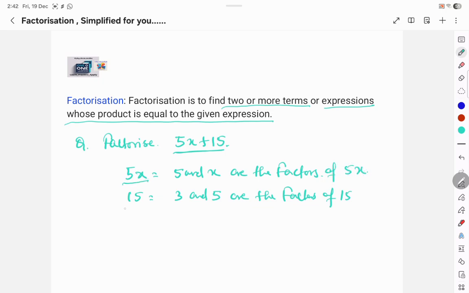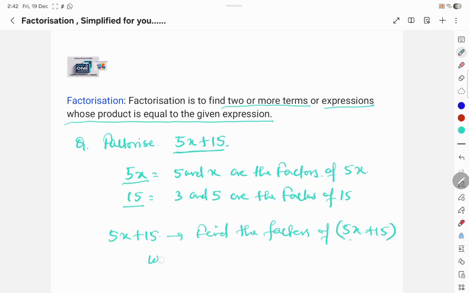But now we have to find the factors which are common for both 5x and 15, because our expression is 5x plus 15. So we have to find the factors of 5x plus 15.